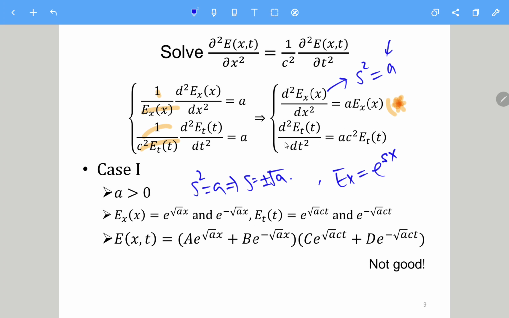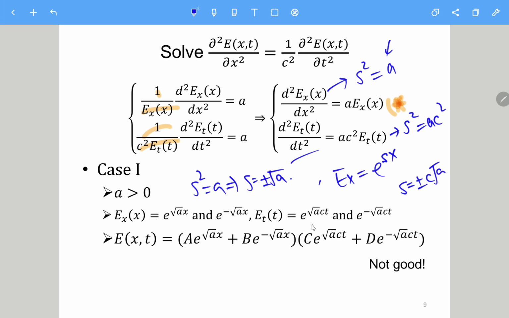Similarly, we can also solve for this one. This one is only a little bit different, which means that if we change it to the characteristic polynomial, this is the second derivative, so it is s squared. And then on the right side, we have a c squared, which means that if we try to solve this one, a is positive, then s should be plus or minus c times square root of a, like this.